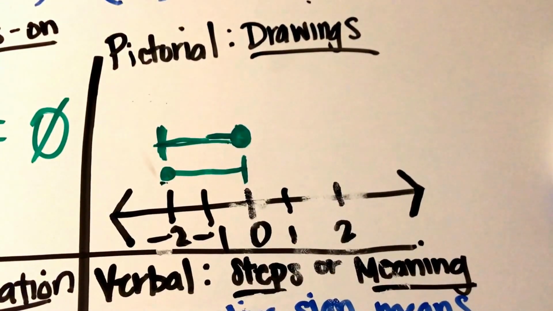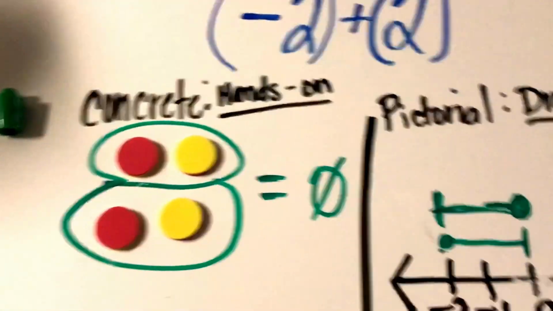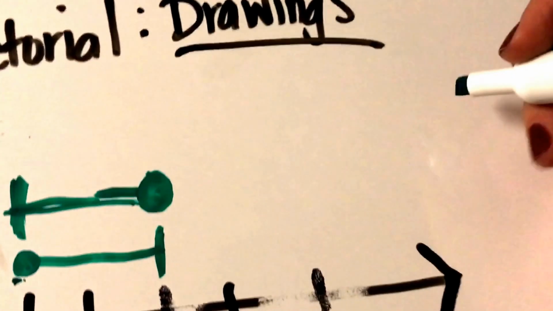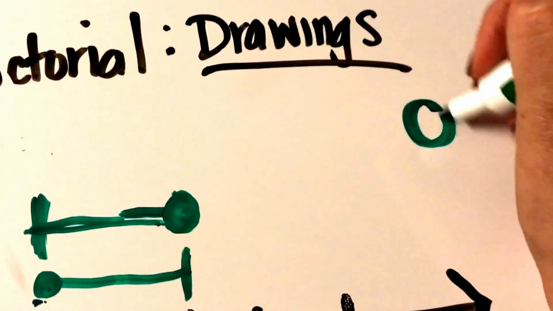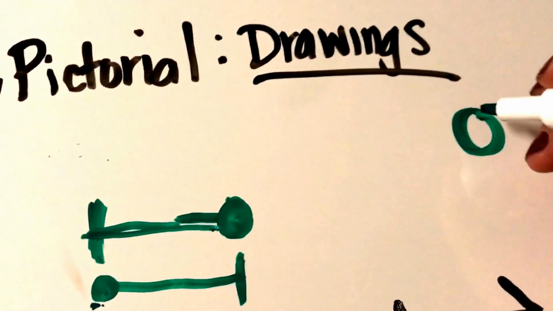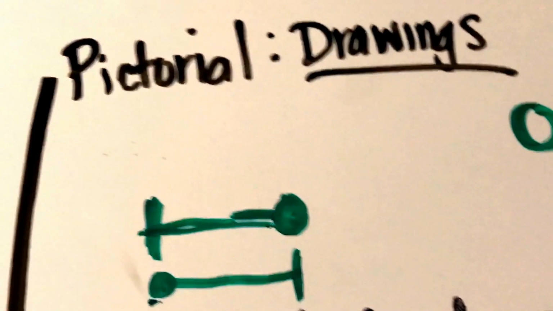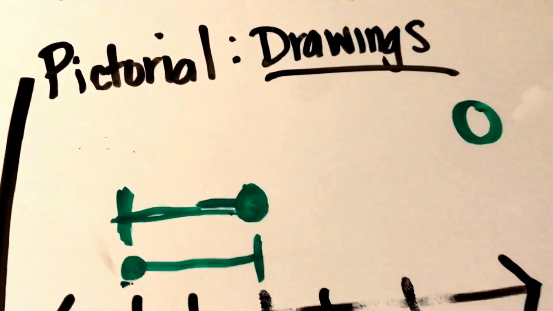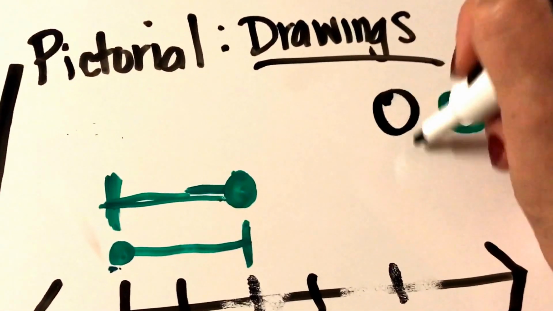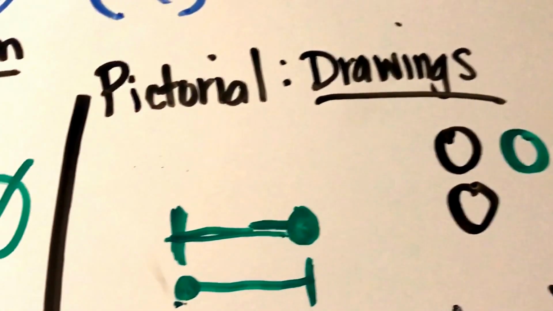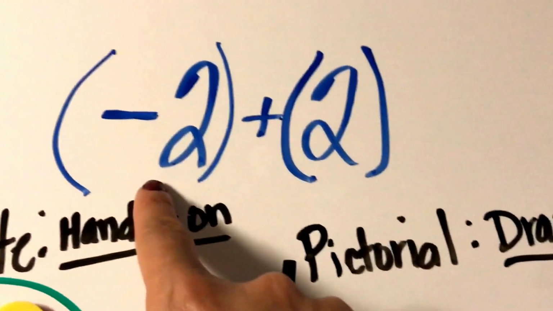If you wanted to draw the chips, I'll just do a quick drawing here. We could do green for positive, and we'll say black for negative. So I'm just drawing chips. So here's 1, 2 negatives to represent that.